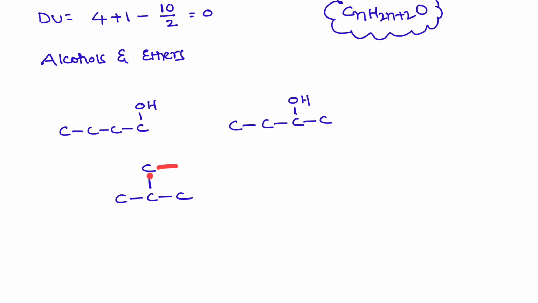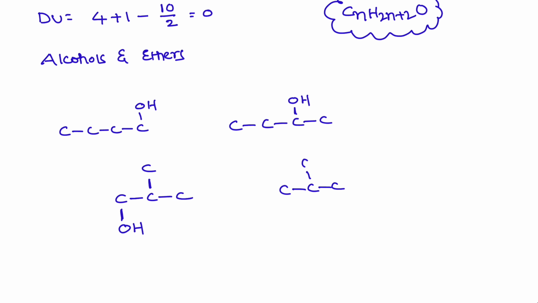If you write OH here, this is the longest chain. Methyl is at the second place. If you write OH here, this is the longest chain. Methyl is at the second place. If you write OH here, this is the longest chain. So you just see this one and this one are similar. You can write anywhere, the result is the same. But this will give you a different alcohol.